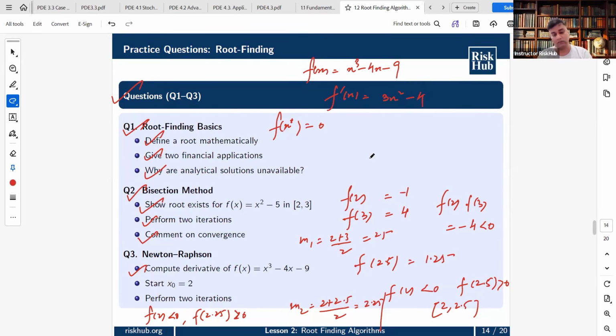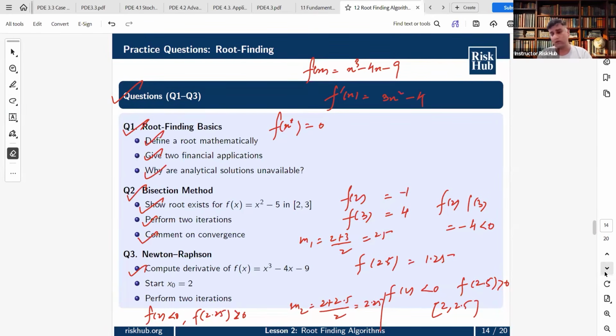X1 is shown as 2 minus 1 by 8, equal to 2.125. We'll see that in the next slide, or rather I'll show you in the solution. So for question number 3, we'll look at one small typo and try to remove it.